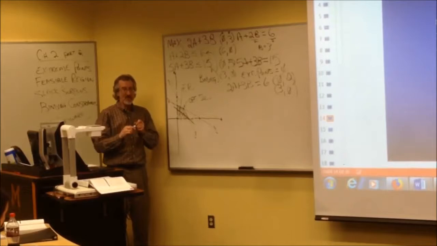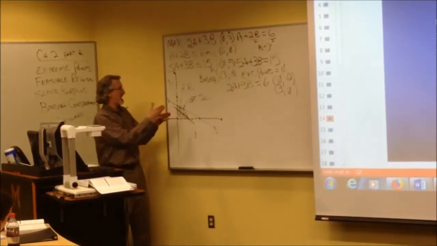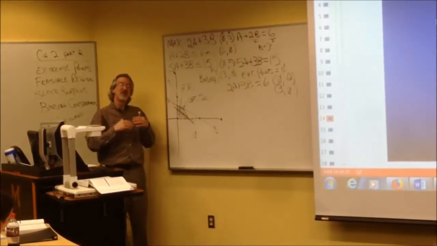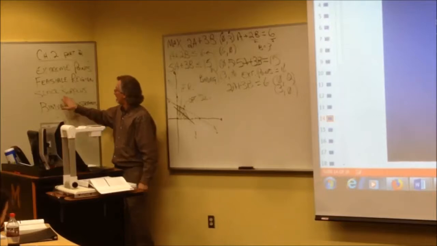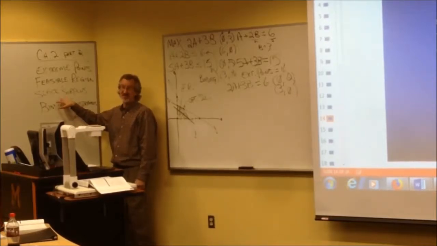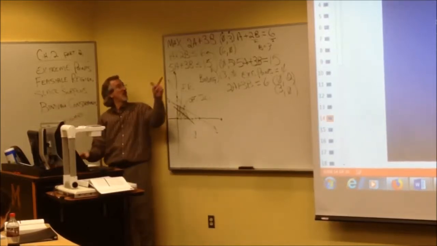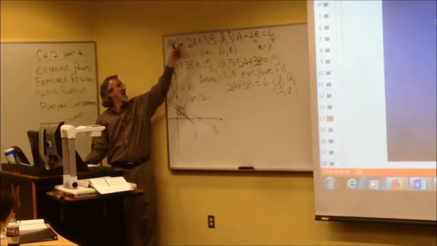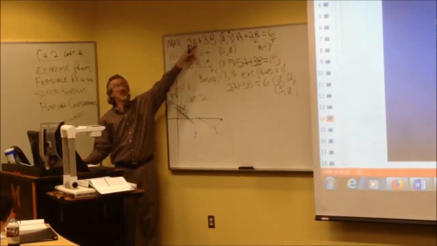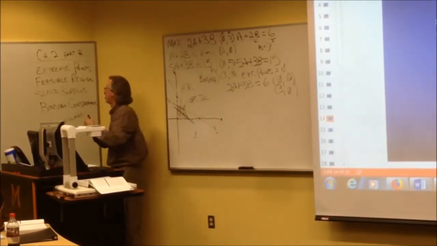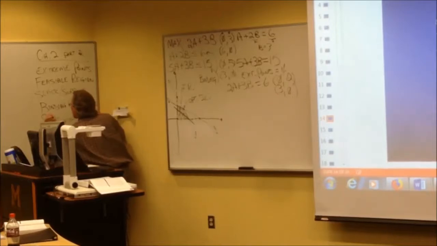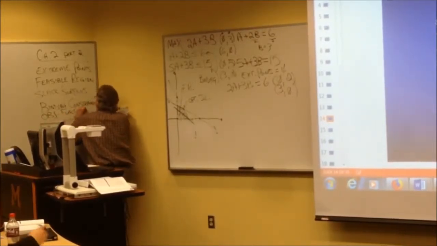You ready? The reason I'm mentioning all this, even though we haven't gotten to the optimal solution yet, is that we are going to be getting to slack or surplus. Slack or surplus is calculated when we find this optimal solution and plug it in for A and B in every one of these. The objective function, we plug it in to get that objective function value. Why is it that I forget to put the objective function value on here?